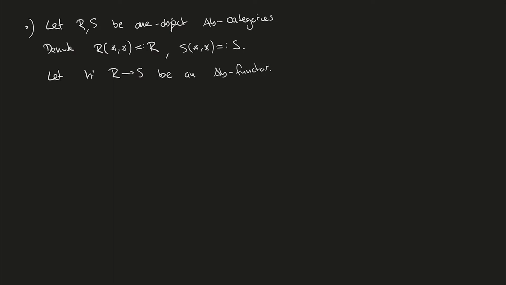Next, we also need component maps for every pair of objects, but this case is again very simple because we just have a component map H star star, which is a map between R star star and the Hom object of the image of star, which is star in S, so that's S star star. So this is just R with our notation from above, and this is just S. Now this map is a map in the monoidal category Ab, so in fact this is a group homomorphism.